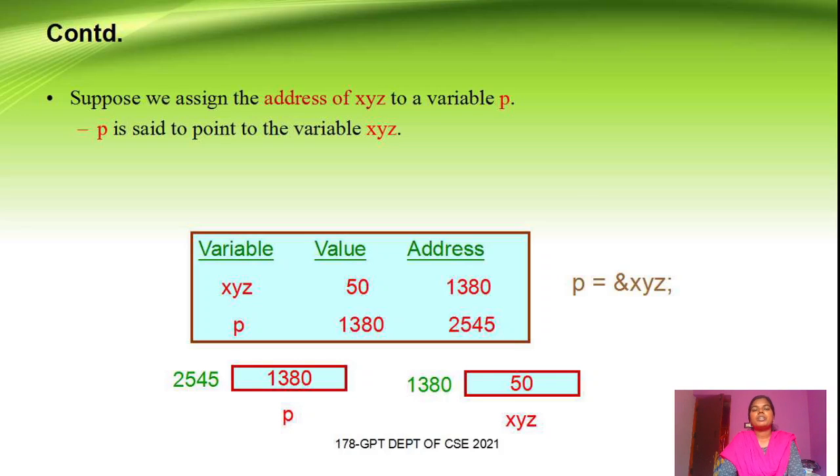Here p is the pointer, and the address of xyz is stored in this other variable p. So xyz and p are two variables. xyz stores the value 50 and is located at address 1380, and p is the pointer variable, which stores the address 1380 and is itself stored at a new address, 2545.